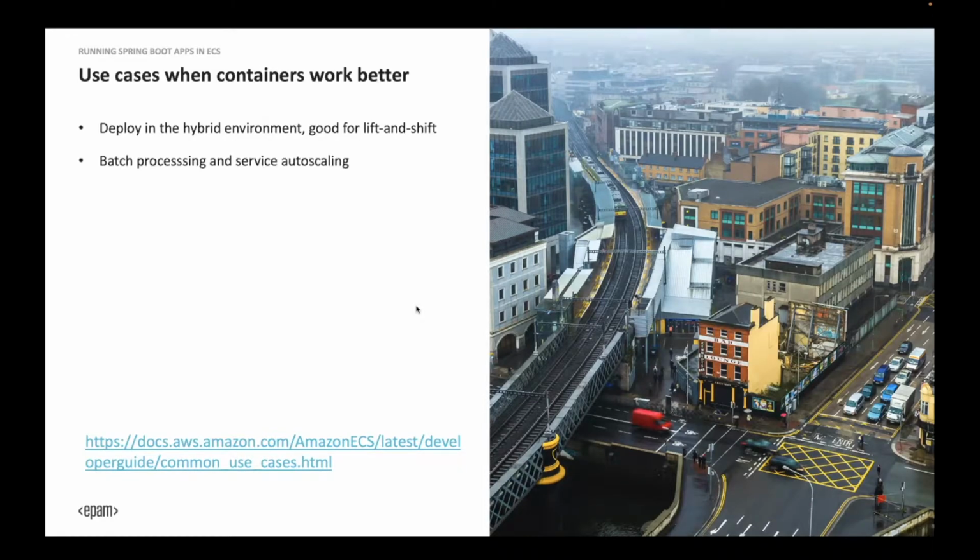Another useful point for containers is batch processing and auto-scaling. Yes, of course, you can do auto-scaling on top of EC2 instances. It's possible to group them into an auto-scaling group, but speaking about containers, they provide less overhead here, especially if you run your containers on Fargate.